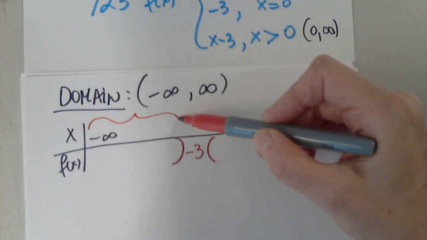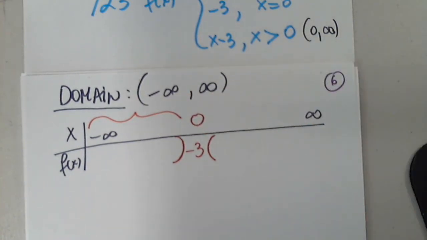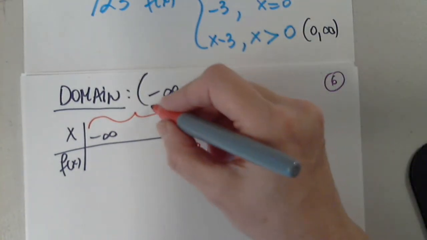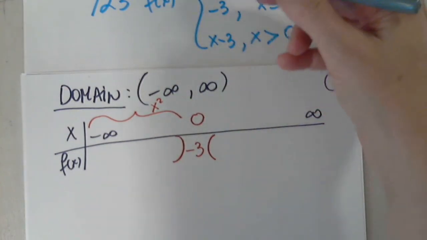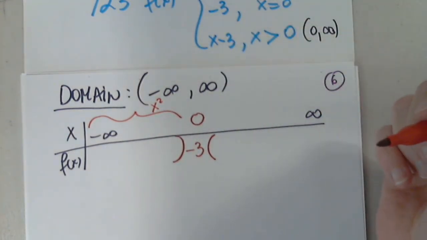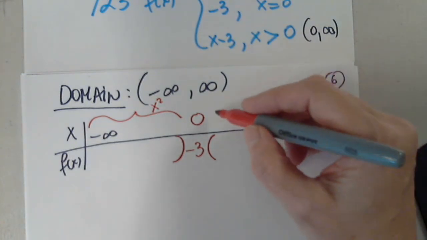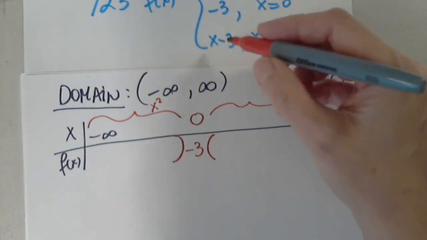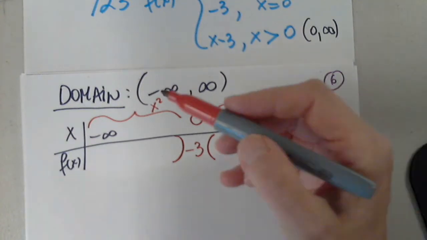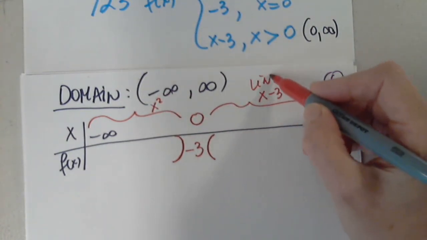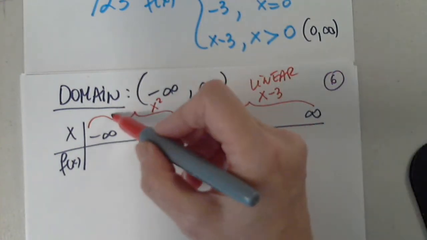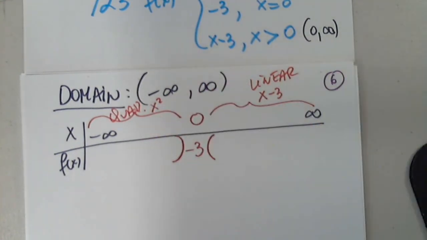You may say this is overkill. I would agree, but I like to have it in front of me. Sometimes the pieces are not presented in the correct order, so you have to be careful. And on this side, it's x minus 3. This is a quadratic function, and this is a linear function. Linear, quadratic, so I don't forget how to graph.